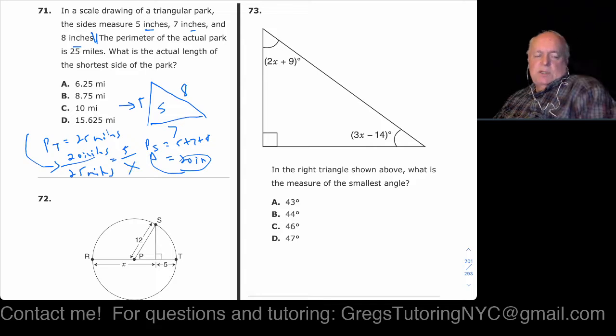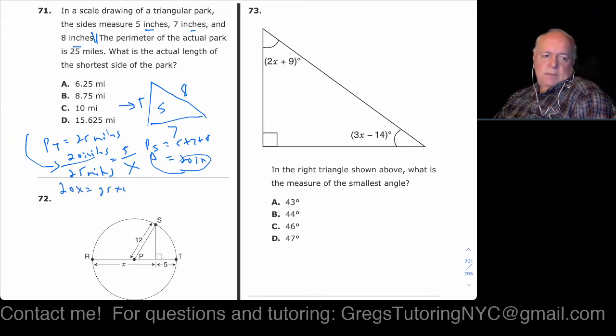Okay, and at that point we took that rate and we set it as a proportion, and all we have to do at that point is to solve that. So we can get 20x equals 25 times 5. All right, so 20x is going to be equal to 125, and then at that point we divide both sides by the 20.